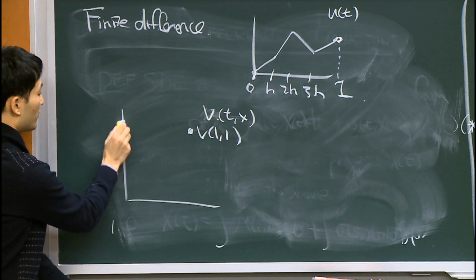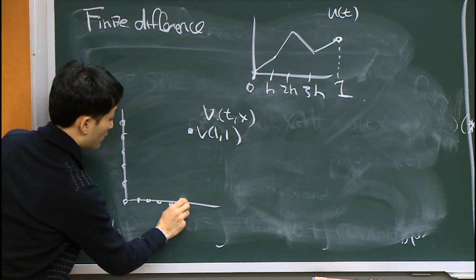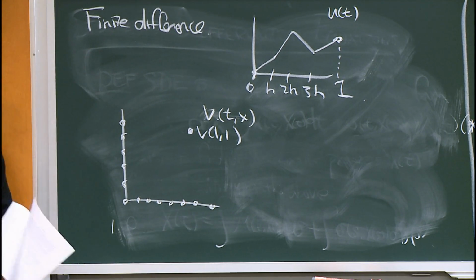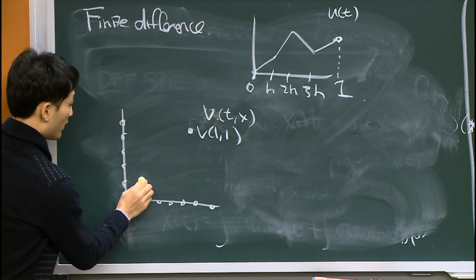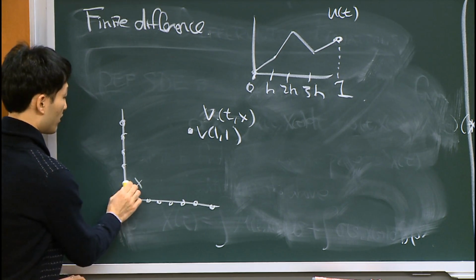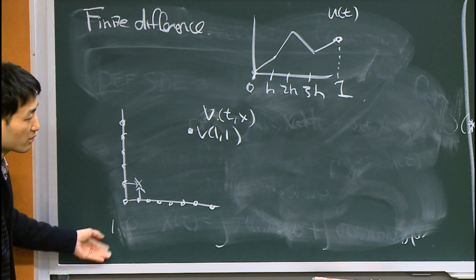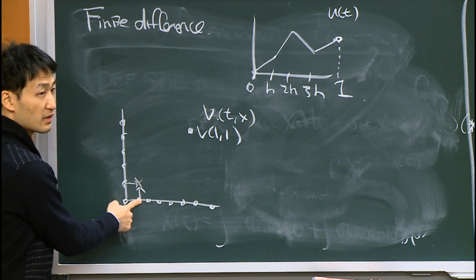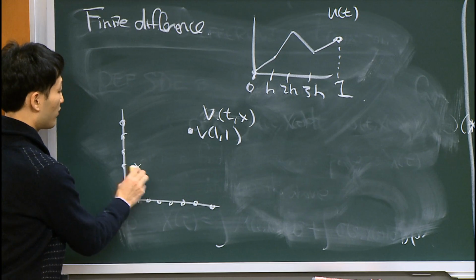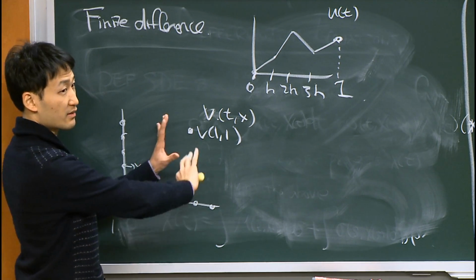Now the boundary conditions are these. We already know these values. I won't really show you by example, but what we're going to do now is compute this value based on these two variables. Okay. So it's just the same Taylor expansion for two variables will allow you to compute this value from these two values, then compute this from these two, this from these two, and just fill out the whole grid like that.